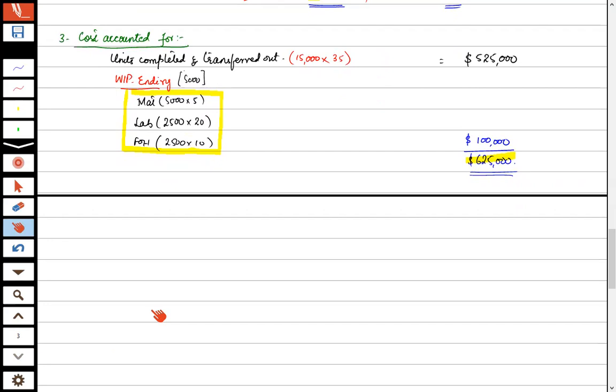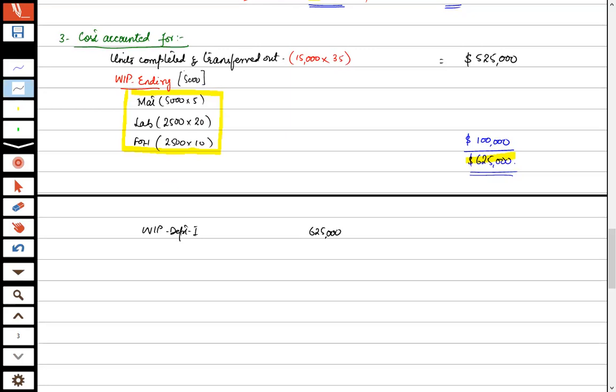Now let's make the entries that we learned initially in the cost accounting system. Anything which is coming into the department is debited. WIP will be debited. So WIP department one cost will be debited with 625,000.